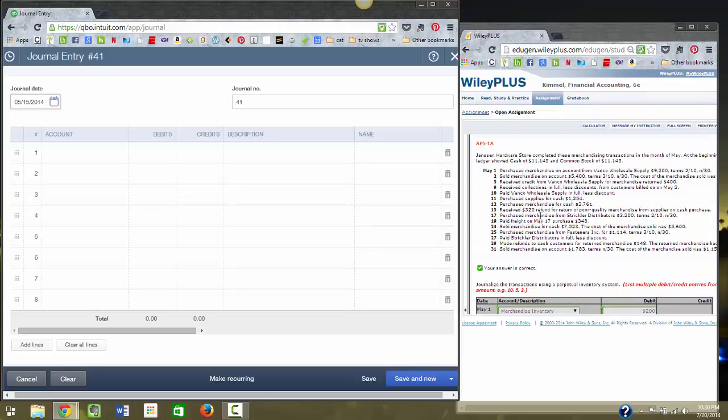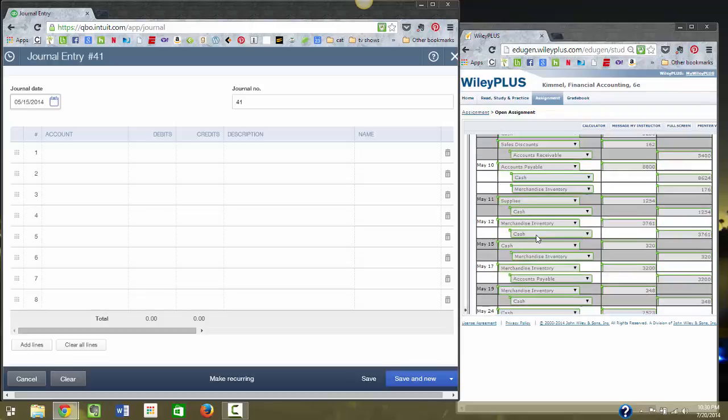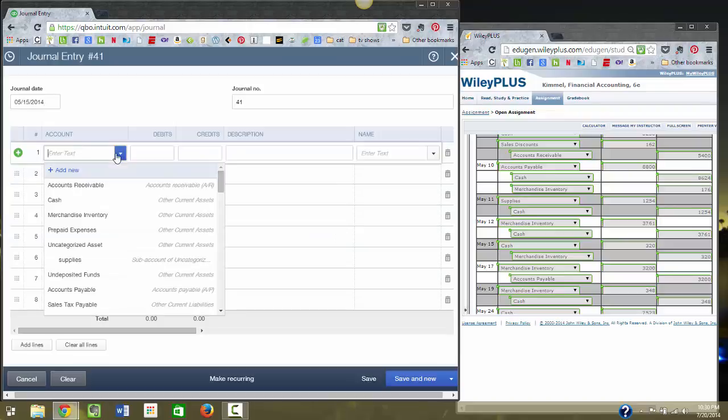Received $320 refund for return of poor quality merchandise from supplier on cash purchase. Okay, so this was the last purchase that we made. So May 15th, we're going to debit cash for $320.